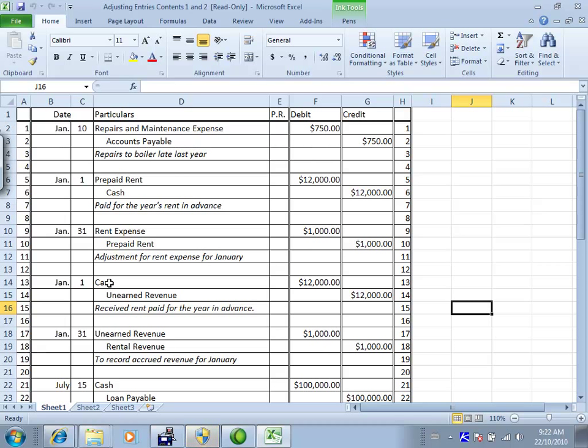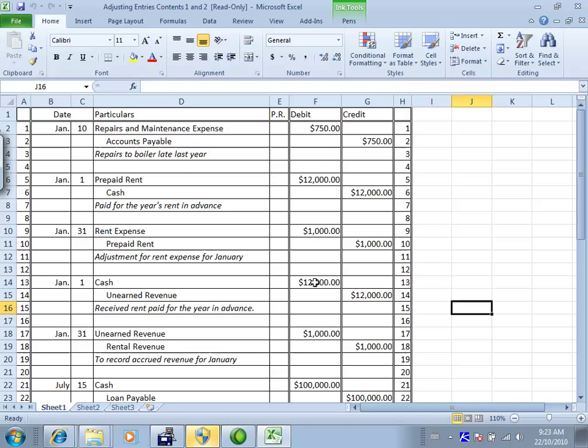So on January 1st, the company that's renting paid $12,000 rent in advance. So the company that's renting out the property would receive $12,000, but they haven't actually earned that revenue yet. Time has to pass before they can actually say that they earned $12,000 rental income.